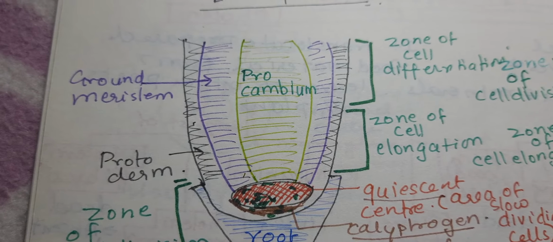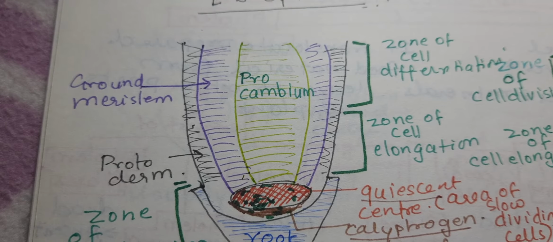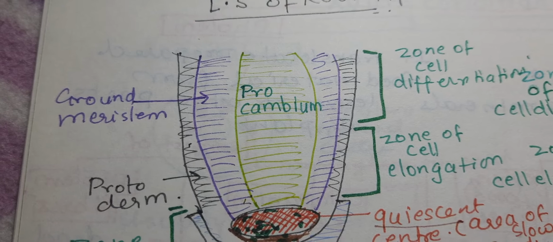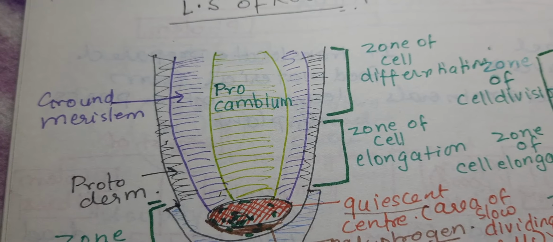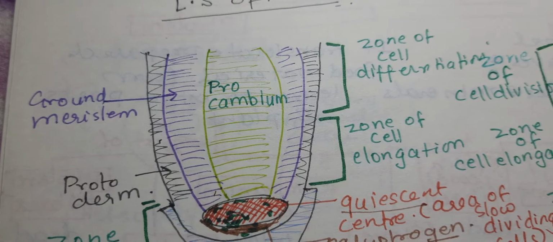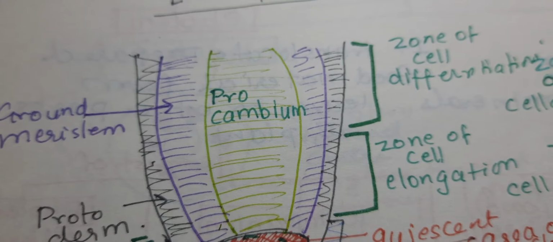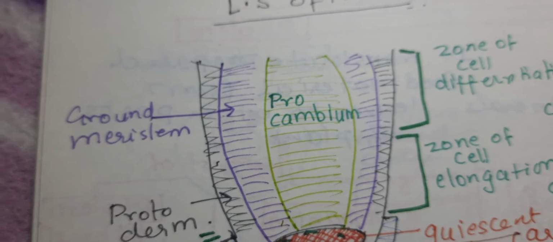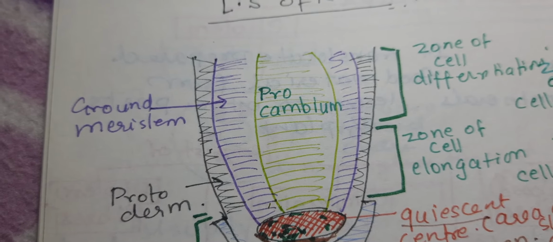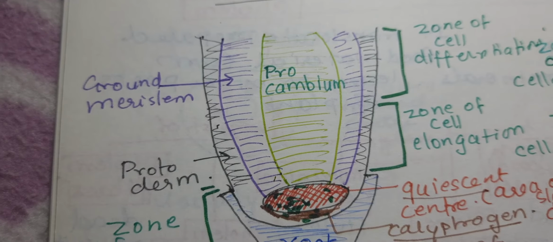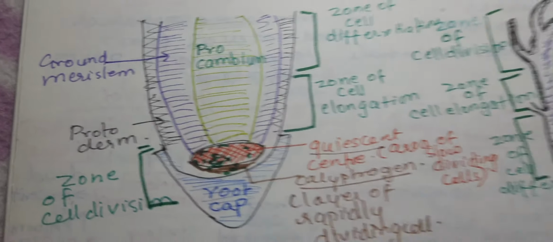If you look at this, it is divided into three different regions: the procambium, which is in the center region and gives rise to the cambium and also the vascular tissues; the ground meristem, which gives rise to the cortex tissue and pericycle tissue; and the protoderm, which gives rise to the epidermis.